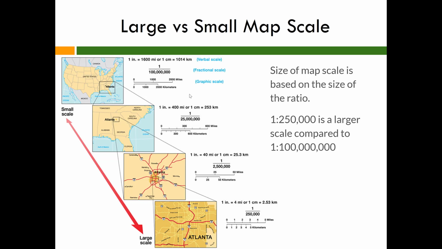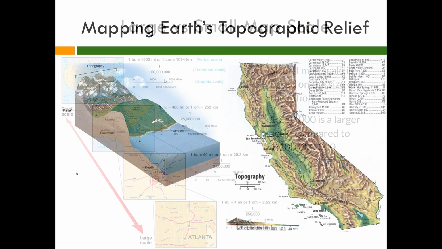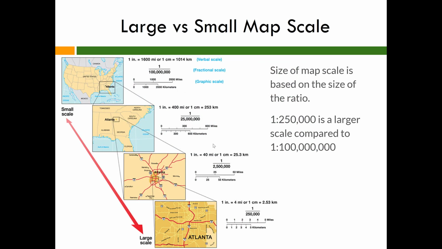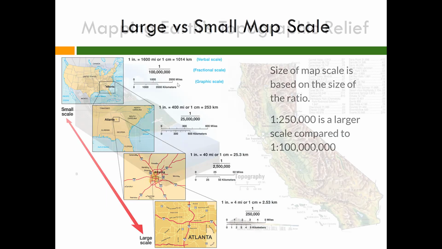So we're talking about the ratio here. In our lab, you're going to do the calculation, so let's do that in our lecture. I'm going to share with you some examples about how to use this ratio to calculate the distance.